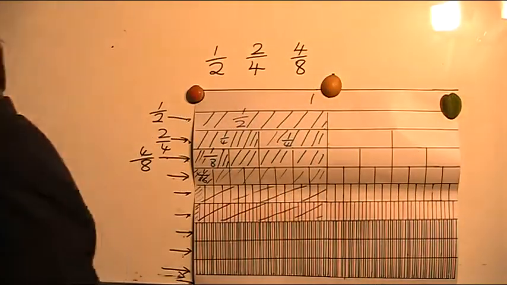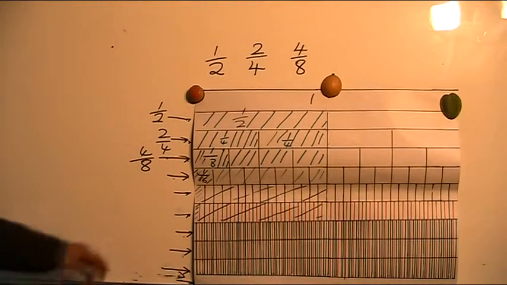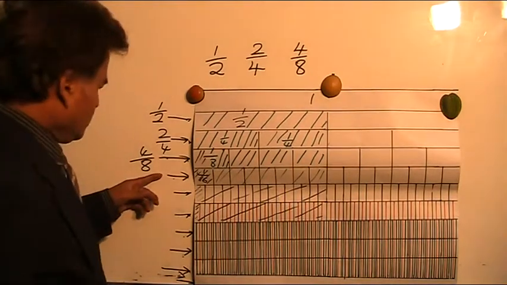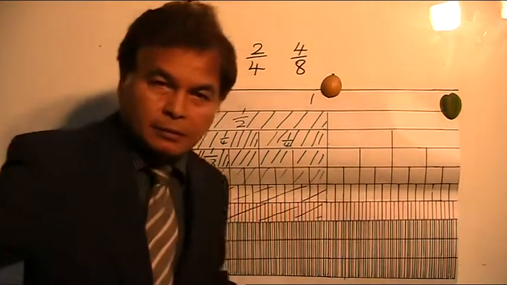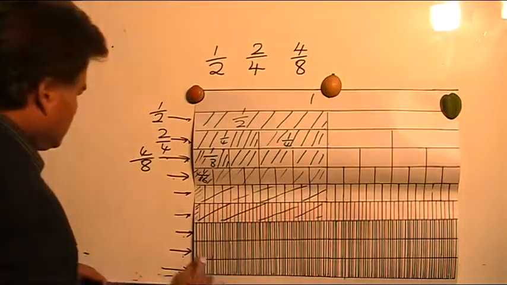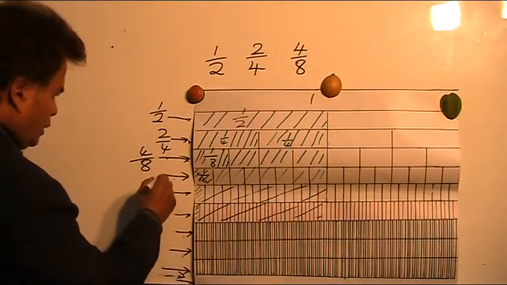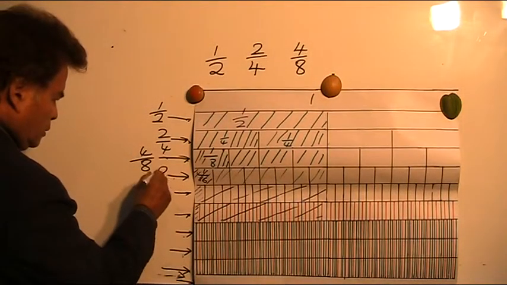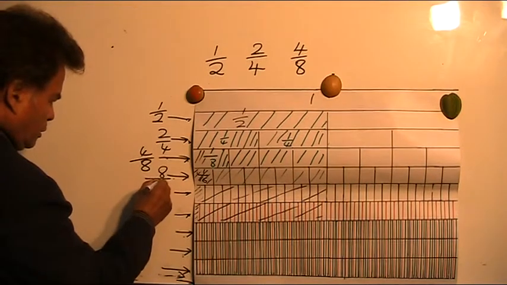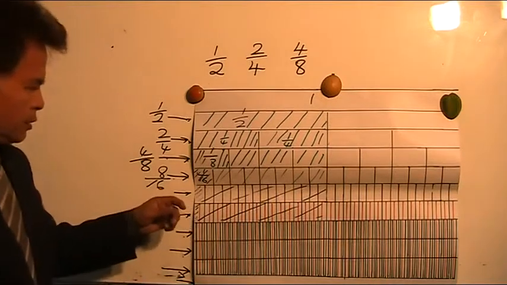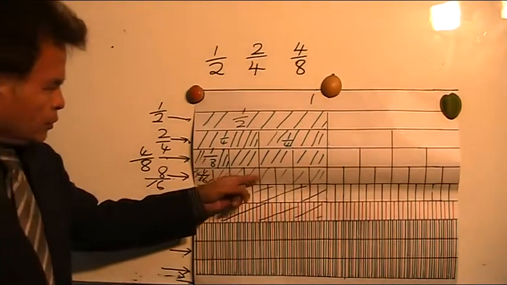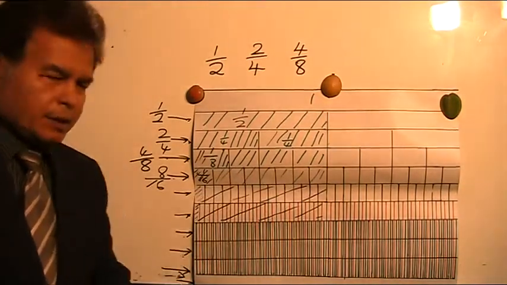Okay. Perhaps I can ask you one question here. What do you think will be the fraction? Nobody? Louder? Right. This is 8 over 16. Okay? 8 over 16. 1, 2, 3, 4, 5, 6, 7, 8.